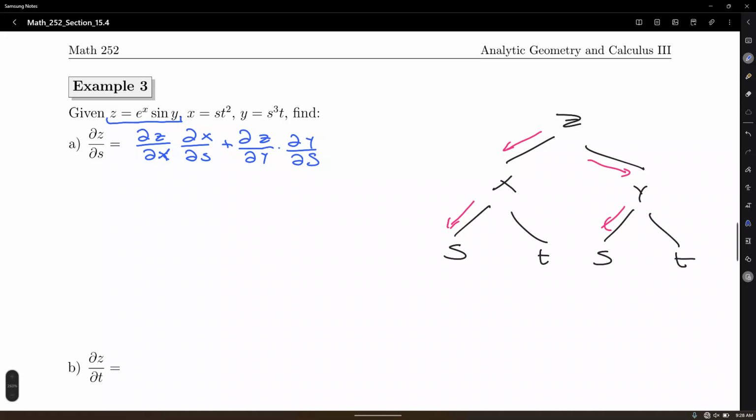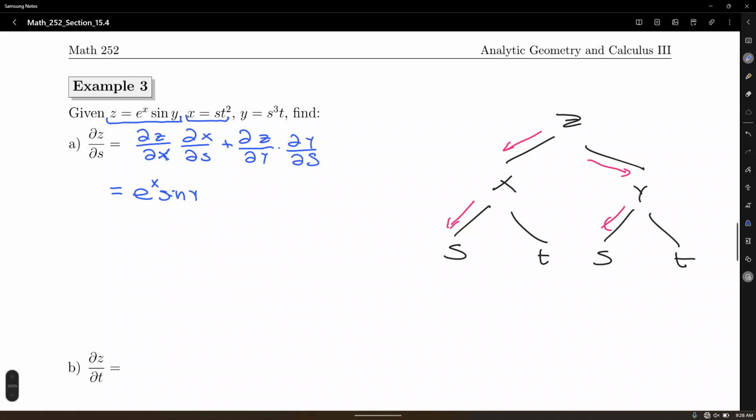So this one right here, the derivative with respect to x, well, that's itself, e to the x times sine y, times the partial of x with respect to s. That is, the partial derivative of that basic function x with respect to s. Well, the derivative of s there is just one.